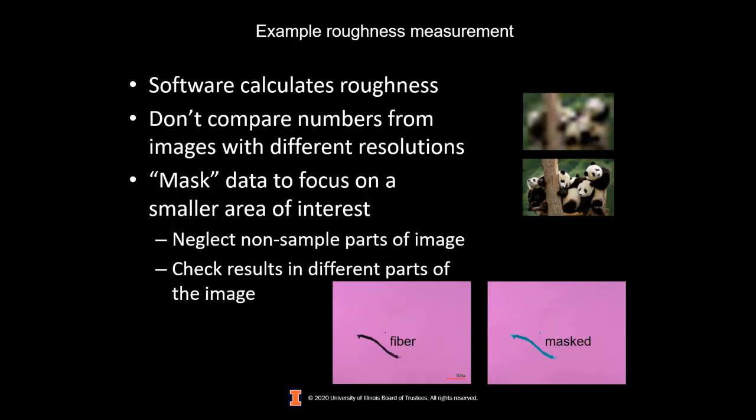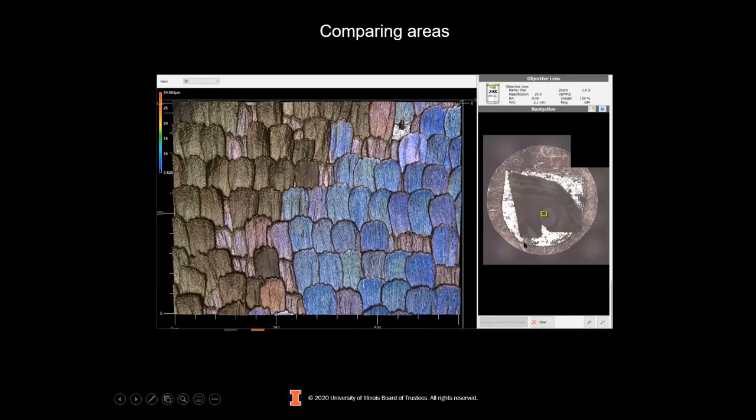Make sure also that you're telling the software to ignore large protrusions that are not actually part of your sample, like dust that's landed on the sample or parts of the sample that have broken off and you want to exclude. And you do this by masking, which is telling the software what to ignore and what to include in its calculations. You can also use masking to compare results you get in different parts of the same image, for example, in the brown part and the blue part here.